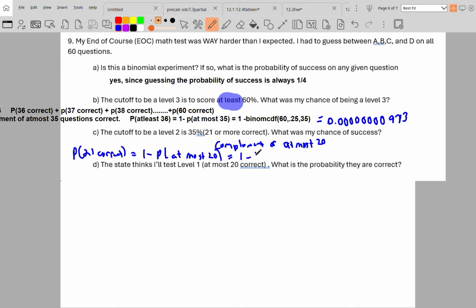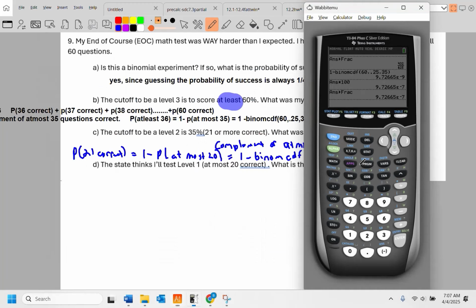This will be 1 minus binomial CDF, cumulative density function, 60 trials, 20 successes, and I put that in the wrong spot, didn't I? 0.25 for the probability of success, and then 20 successes. This one stands a decent chance. It's not going to be near as bad as the other one.